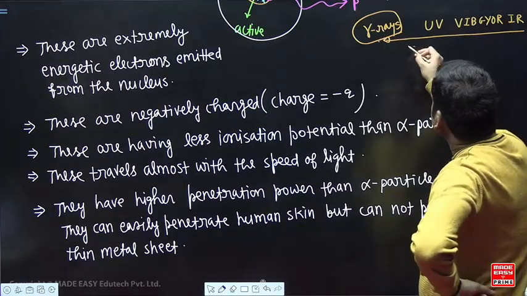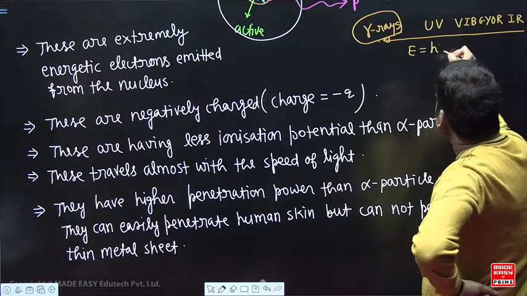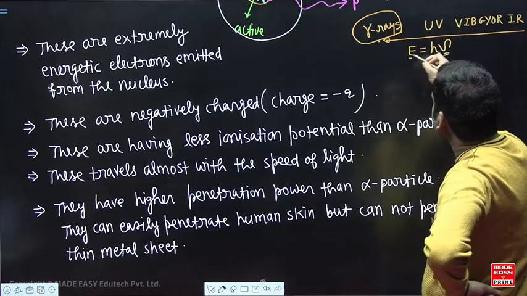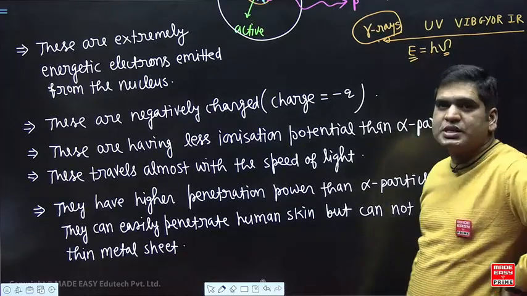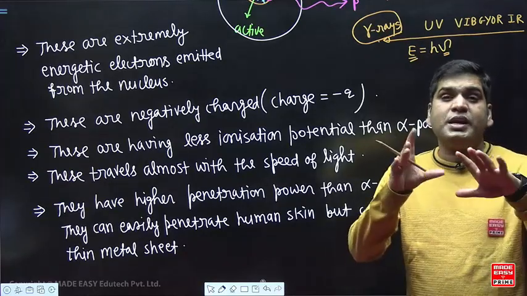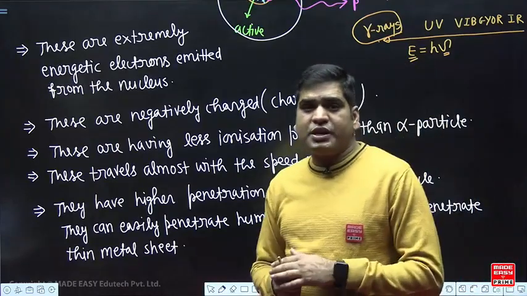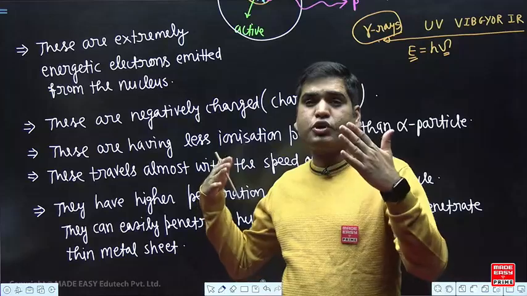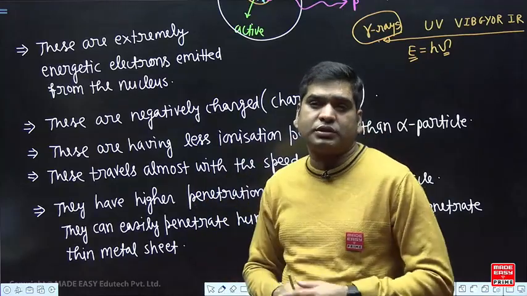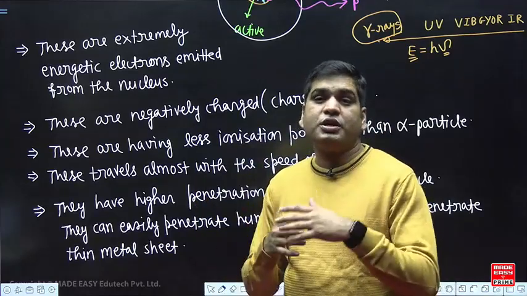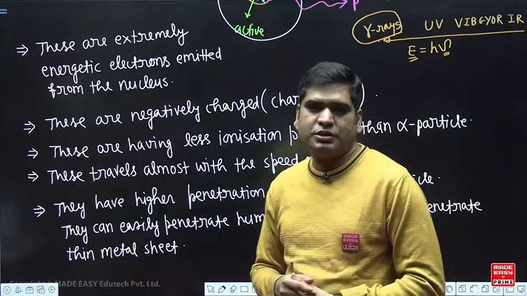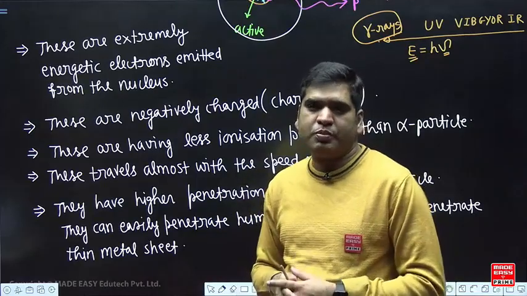Since frequency is highest, and you know that energy of photon is h nu, so if nu is highest, energy will be highest. So these gamma rays are extremely energetic electromagnetic waves. Since they are extremely energetic, they travel with the speed of light, so they can penetrate anything in their path. They can penetrate even the thick layer of concrete. So they have highest penetration power.